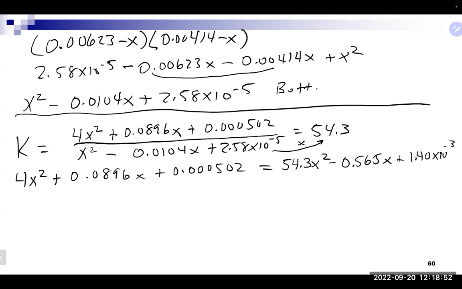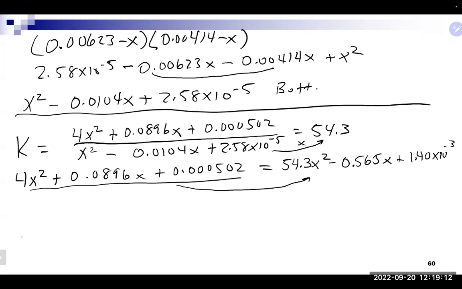Closely here, we're going to bring everybody to the same side. In this case, I'm going to keep that first number positive, so for my example here, I'm going to bring everybody to this side. And by that, I'm not dividing or anything like that. I'm adding and subtracting to the other side.